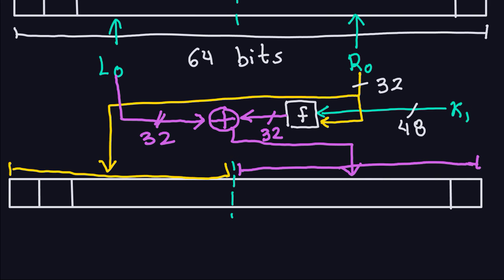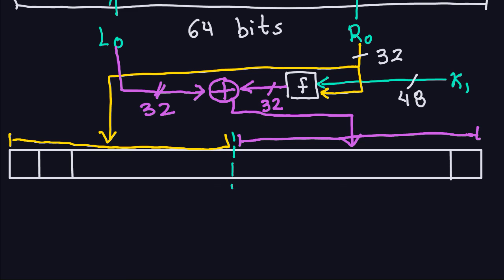Now that final result, let's just give it names again. We're going to call this L1 because it's the left hand side, and this is going to be R1. So finally what happens here is that's the transformation. Now of course there are some things here that are missing. For example, what is this guy doing? The f function, that's the big part there.